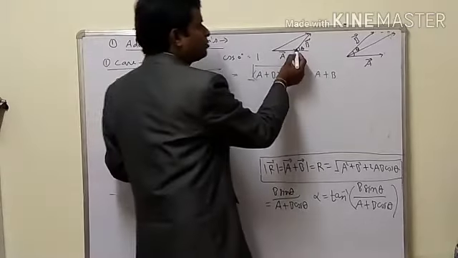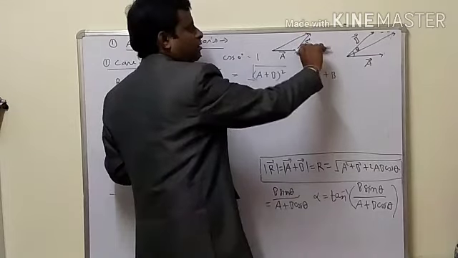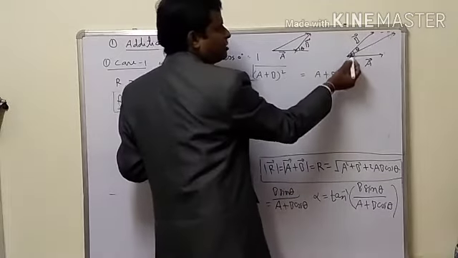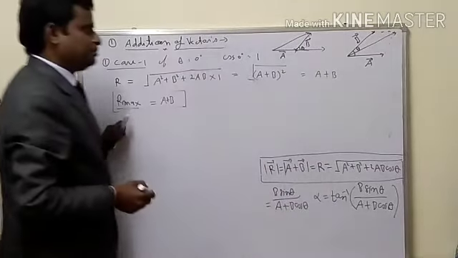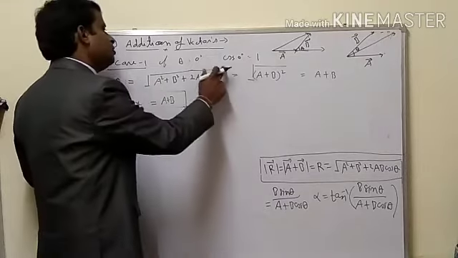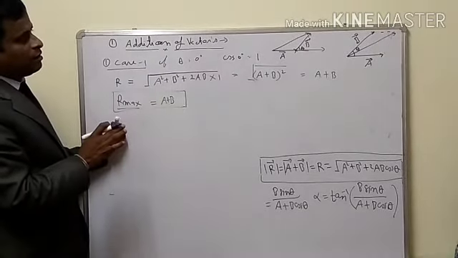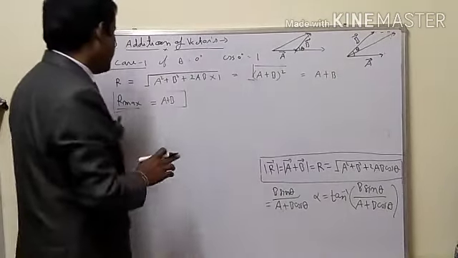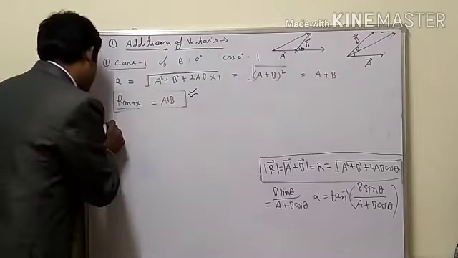So if theta is 0, this vector will become like that, and it will also lie on the vector A. If theta is 0, the vector B will lie over here. So see, these vectors are collinear vectors. So when theta is 0, the addition of two vectors follows the property of collinear vectors, and the addition will be maximum in this case. Getting it? Now case 2.